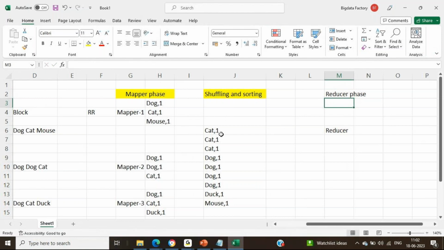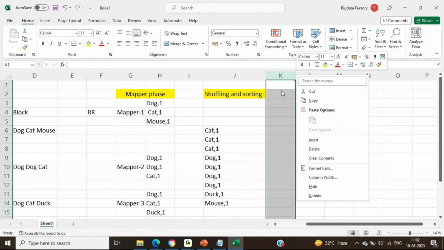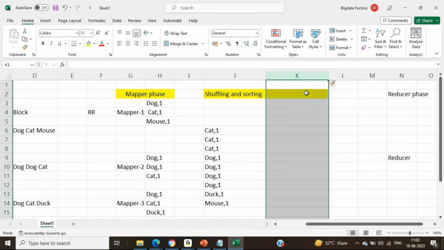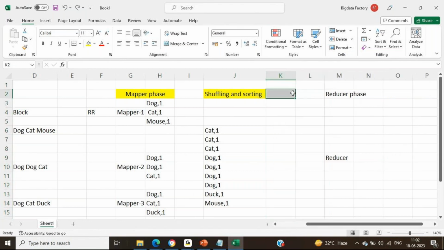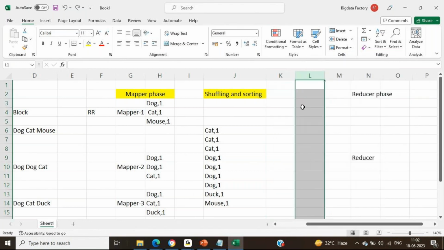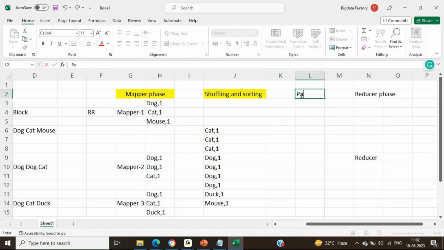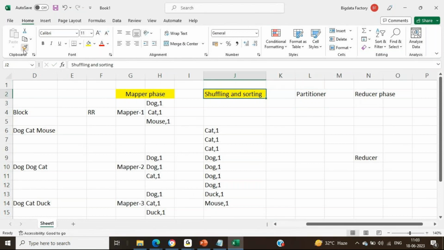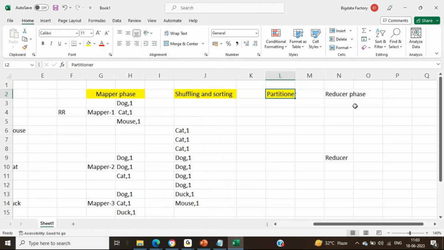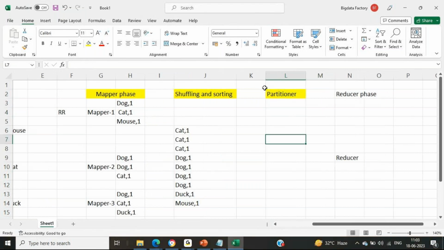Now these are the key and value pairs. Which key will move to which reducer is decided by another component, that is called the partitioner. The partitioner is going to decide which key is moving to which reducer.